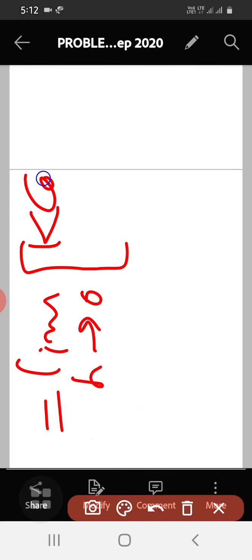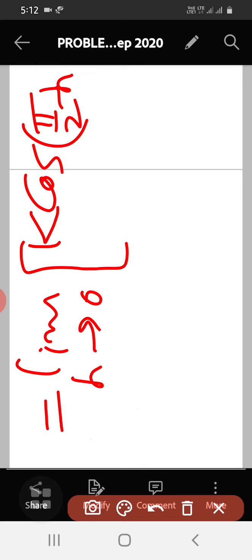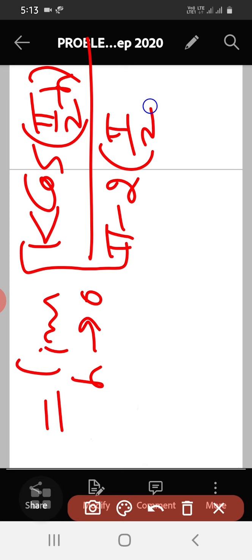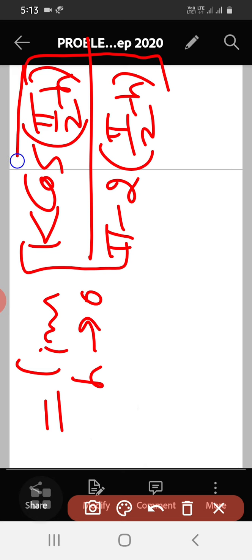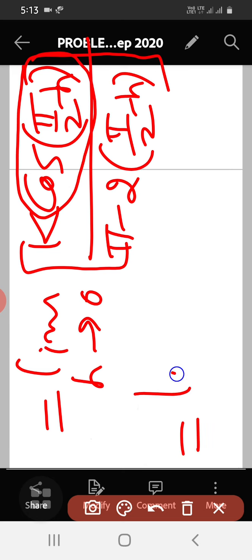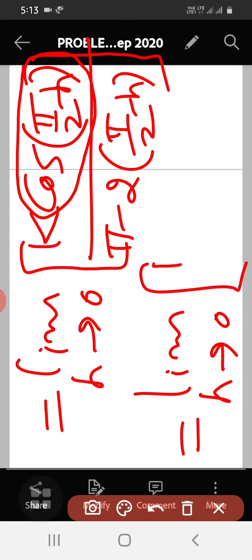So that is limit h tends to 0, k cos of pi by 2 minus h divided by pi minus 2 into pi by 2 minus h. Observe the numerator, cos of pi by 2 minus h. I will write k as it is.